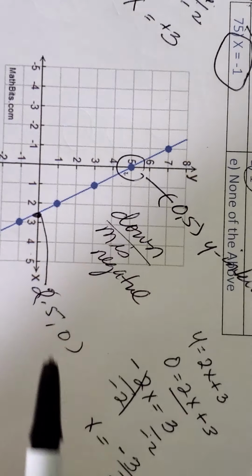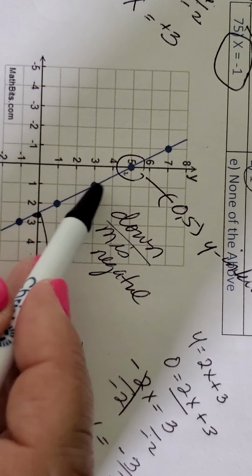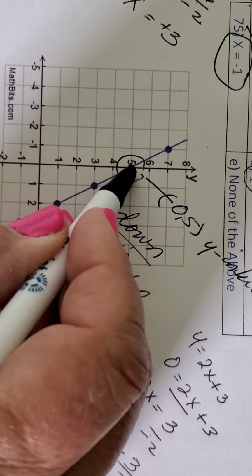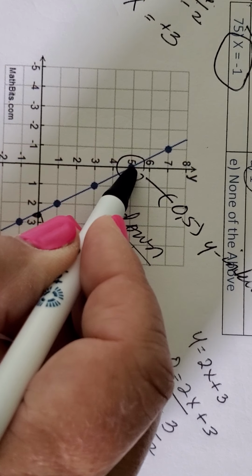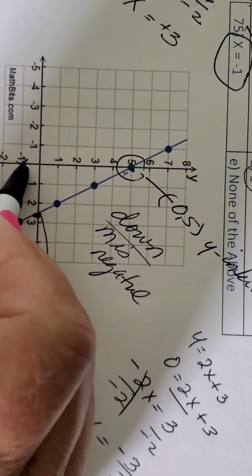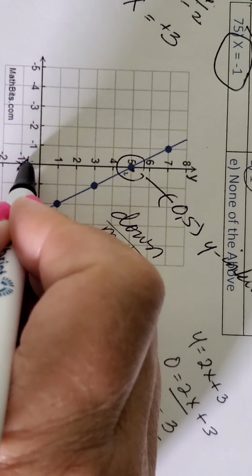But let's find out what the slope of this line would be. You draw your little triangle. You see this point here, and another perfect point right here. These are not the only ones. So I drew a little triangle right here.